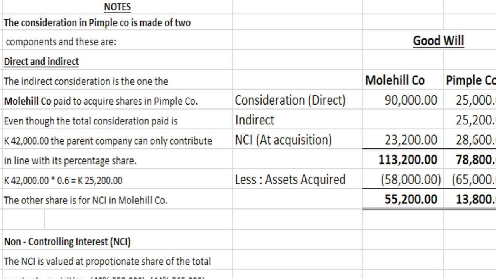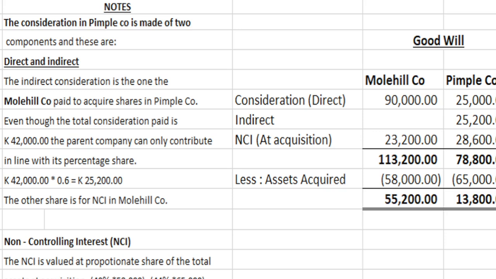And this 44% comes about because when Hook company acquired shares in More Hill company, it acquired 60%. So there's 40% NCI there. Then More company acquired shares in Pimp Company, which is 60%.